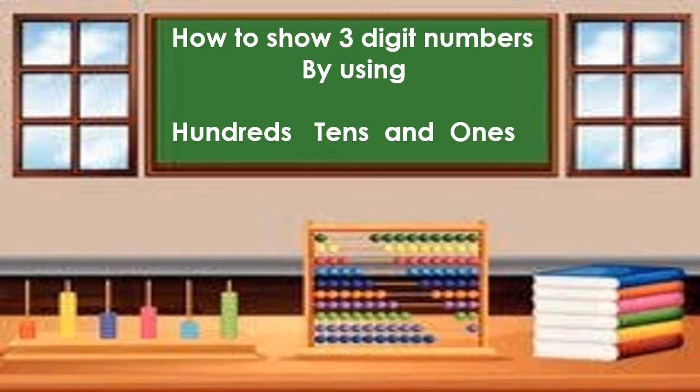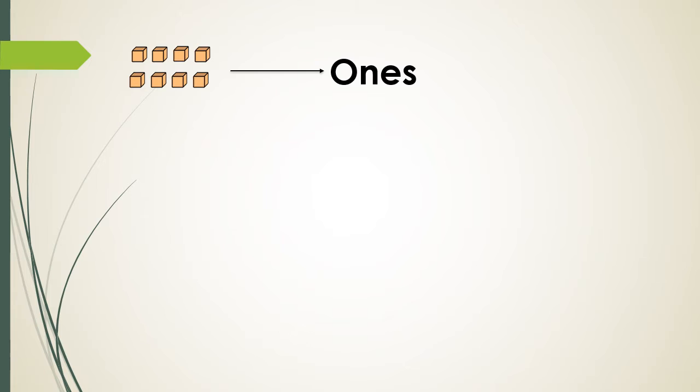Dear students, today we are going to learn how to show three-digit numbers by using hundreds, tens, and ones. Look at these cubes. I have 8 cubes. 8 cubes means the ones digit. 8 is the ones digit.